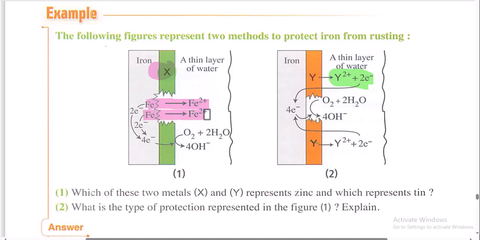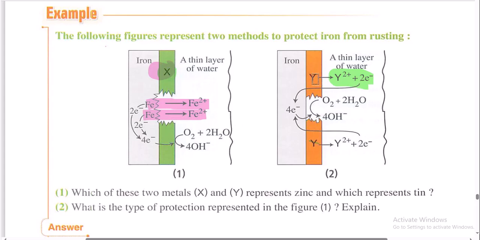So on scratching, iron plated or covered with a thin layer of tin rusts first. This is a cathodic protection, as tin, the less active metal, acts as cathode. This cover acts as cathode, and the iron acts as anode. So it is a cathodic protection or cathodic cover.